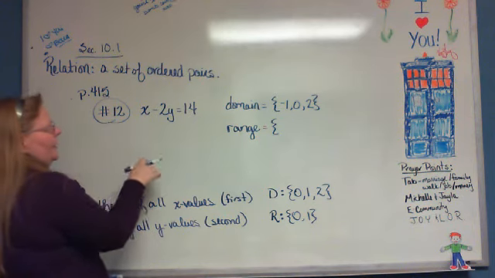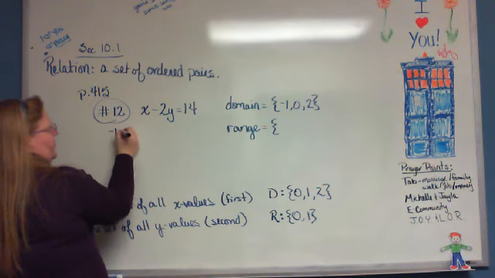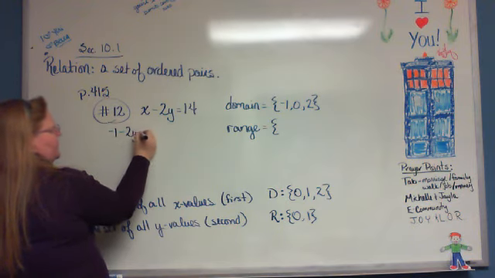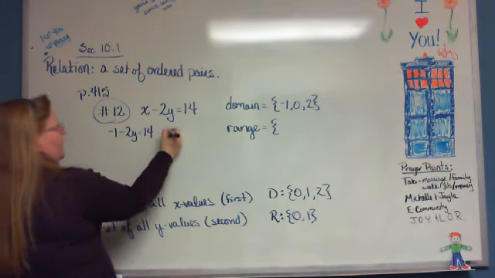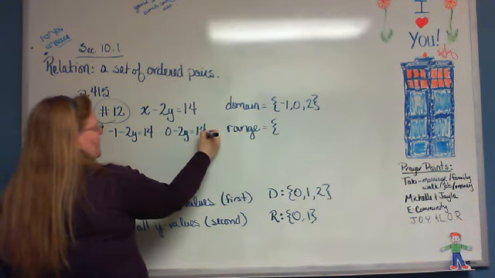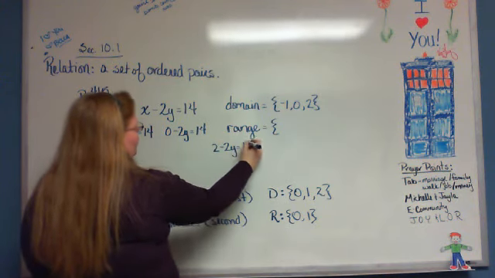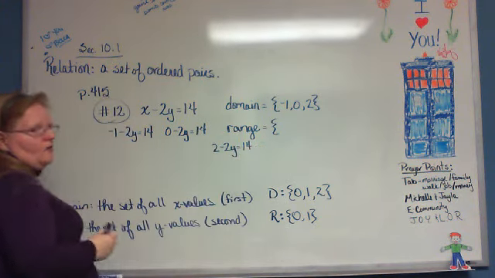So in order to do that, I'm going to have to plug each of those in. So I'd have negative 1 minus 2y equals 14. 0 minus 2y equals 14. And then 2 minus 2y equals 14. And I solve for y.